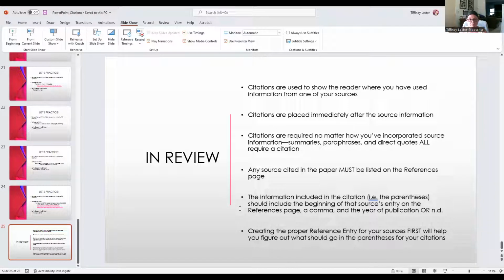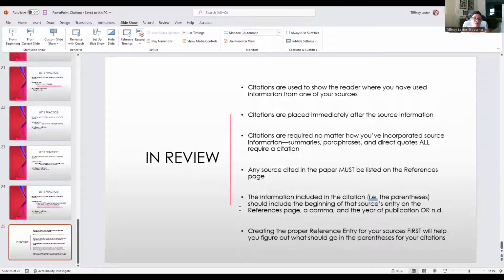So creating the proper reference entry first will help you figure out what you put in the parentheses. And it's not just that it'll help you figure it out. It's easy then. Once the correct entry is created for that source, the citation's a piece of cake. How does the entry begin? Okay, that's what I put first in my parentheses, then a comma, then the date of publication.